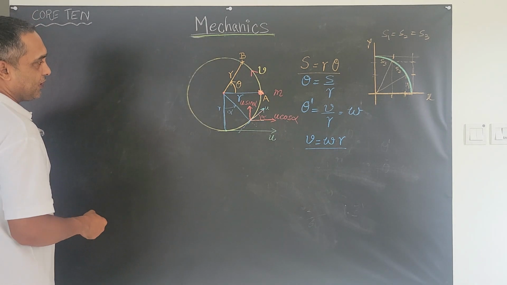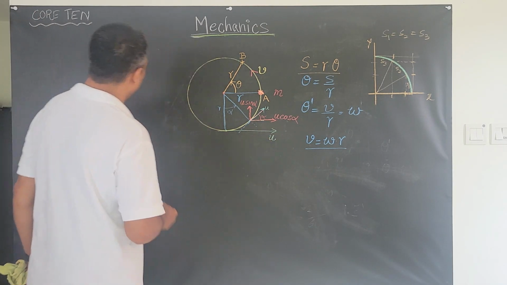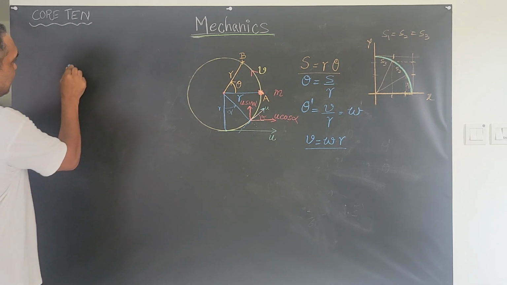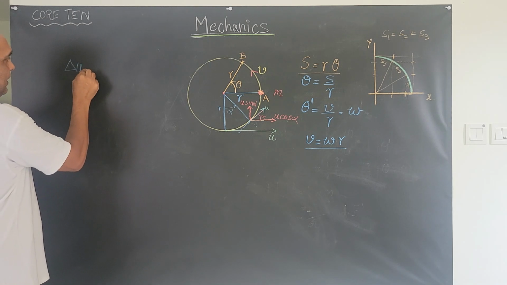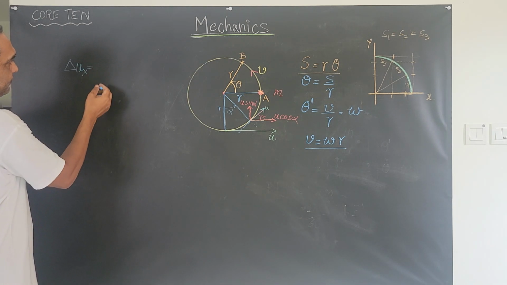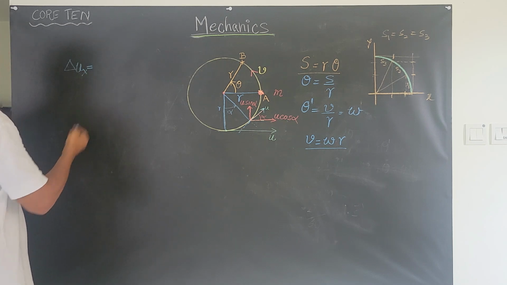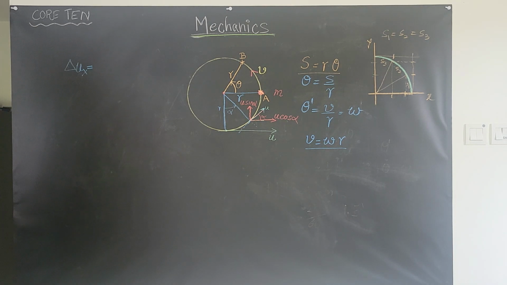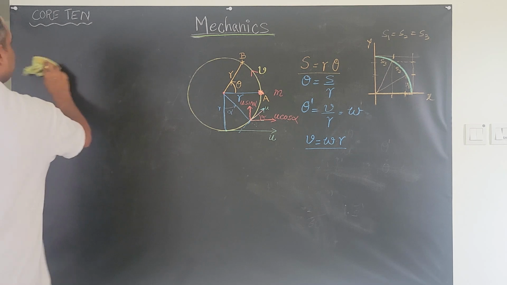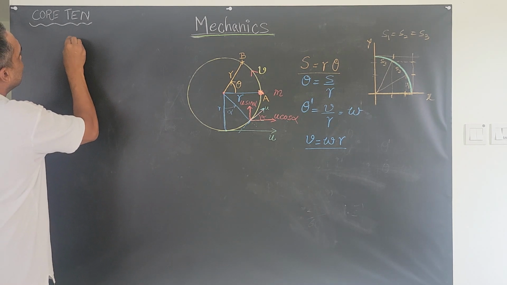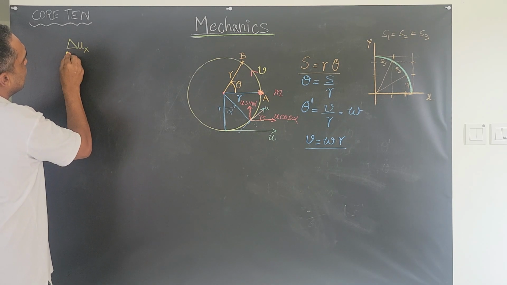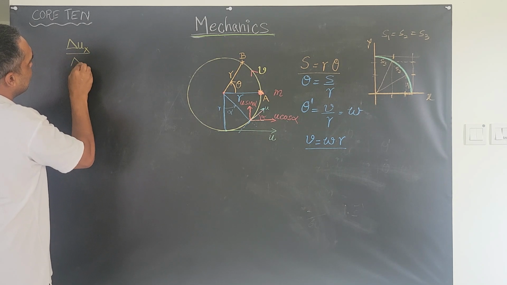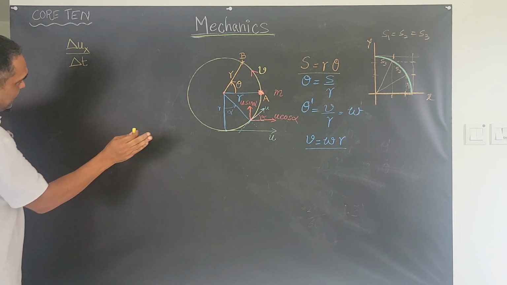Let's take a look at it first along the x-axis. So what's the change here? Along the x-axis, the change in velocity, delta u along the x-axis, divided by delta t, which is change in time.